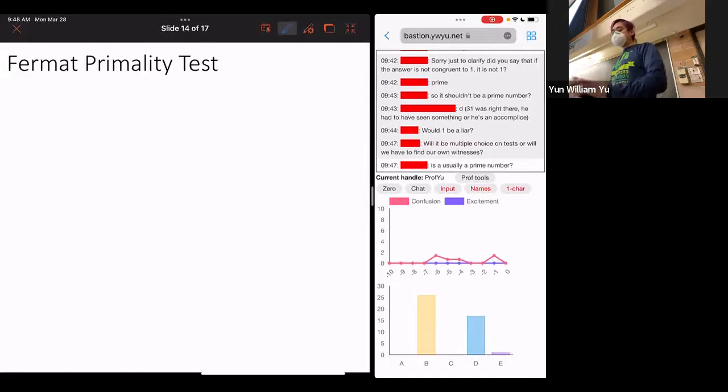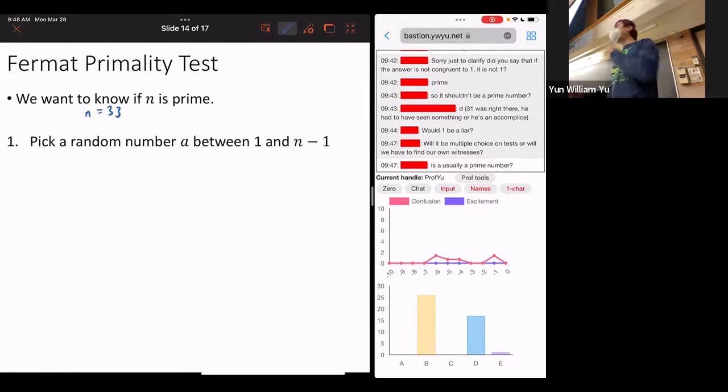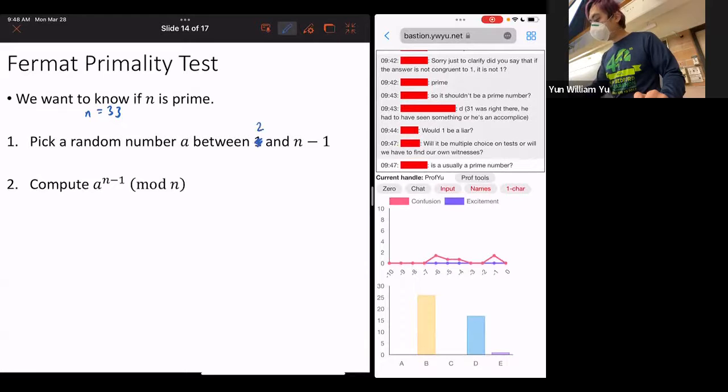So in the Fermat Primality test, we want to know if a number n is prime. So maybe n is equal to 33. Well, the first thing you do is you pick a random number between 1 and n minus 1. Now, you generally don't want to use 1. 1 is a bad number. So really, you want to do, say, 2 to n minus 2.